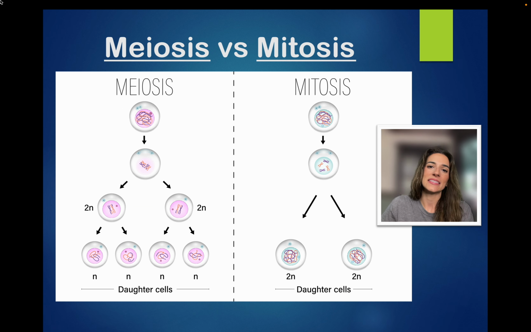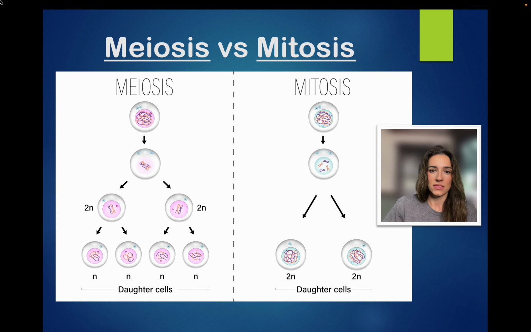Now that we understand how meiosis creates unique haploid gametes, let's take a step back and compare it to something your body does constantly, mitosis. While meiosis is all about making sperm and eggs for reproduction, mitosis handles everything else: the growth, repair, and maintenance of our body's tissues. So let's break them down side by side. Mitosis is like a copy machine.